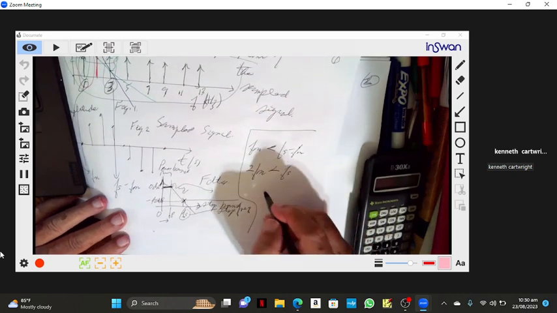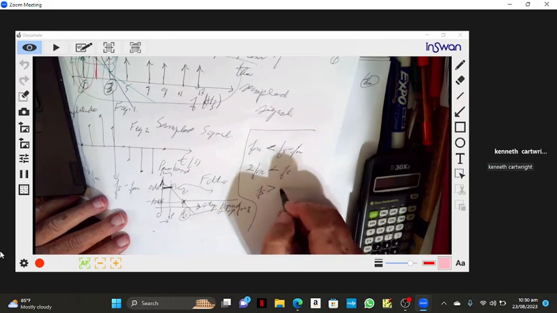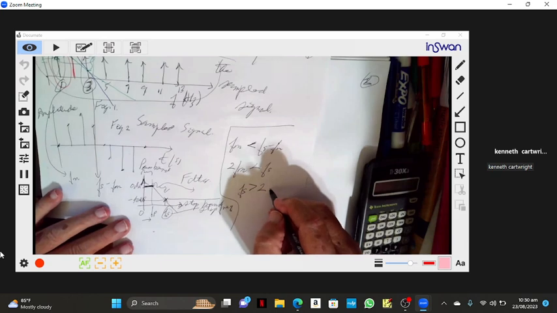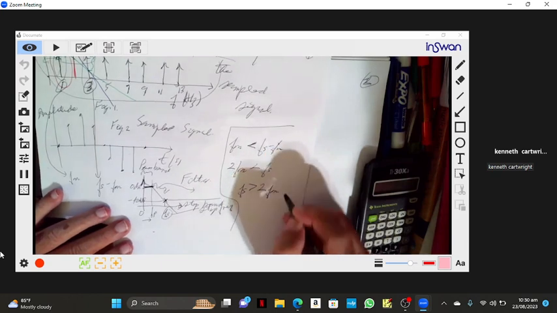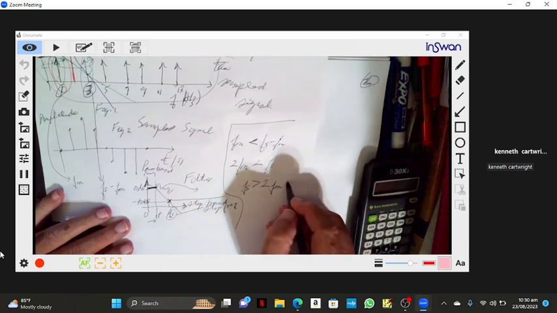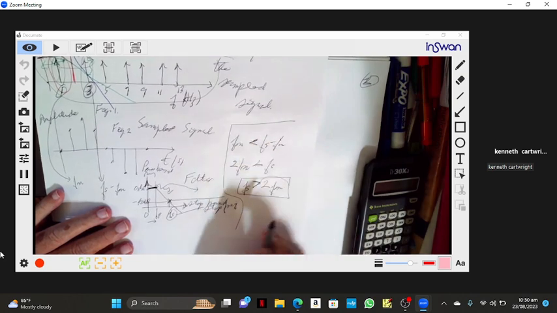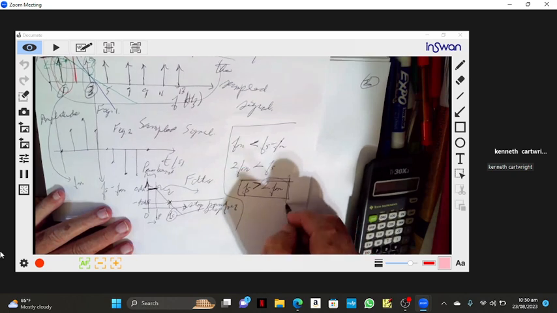Or another way of saying the same thing, the sampling frequency must be greater than twice the highest frequency in the signal being sampled. That's the key result. This must be true.